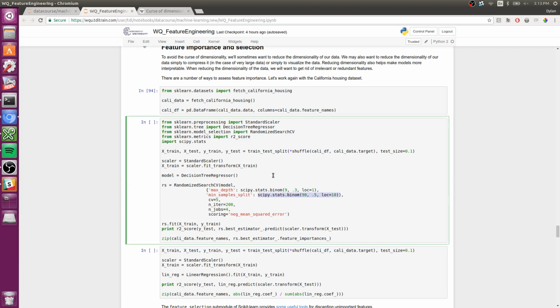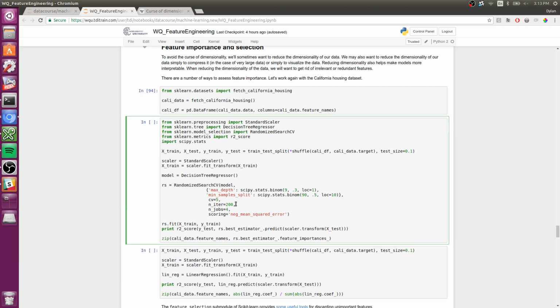So rather than systematically working through the grid, we'll just randomly pick out points in the grid. And this can let us sample a larger variety of hyperparameters.